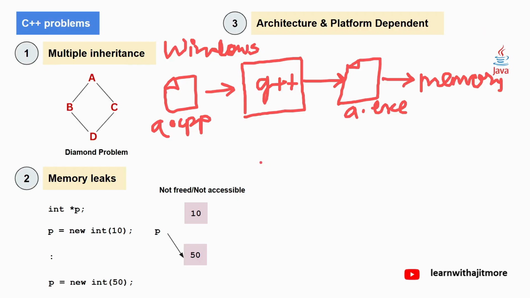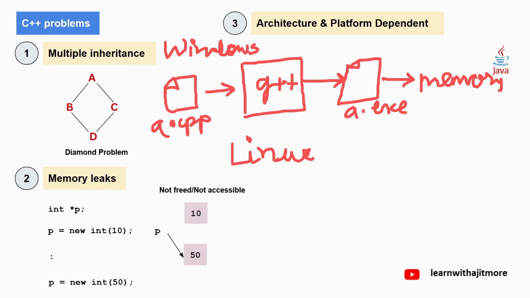But if the system is different, say Linux, from the person named Linus Torvalds, who introduced the concept of an open source OS, because original Unix is not open source, it is still licensed. The open source version of Unix is Linux.